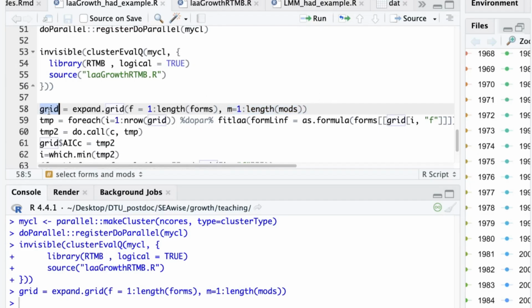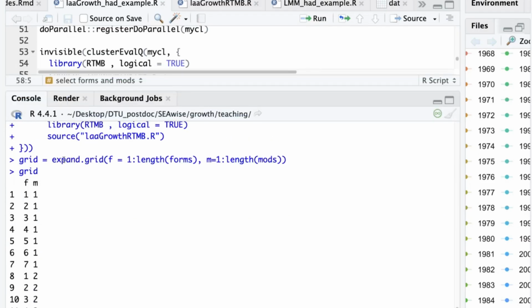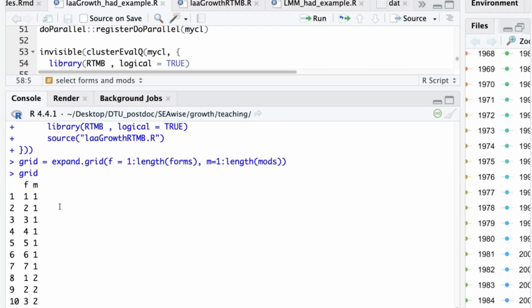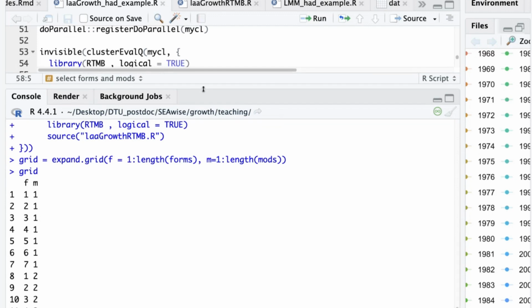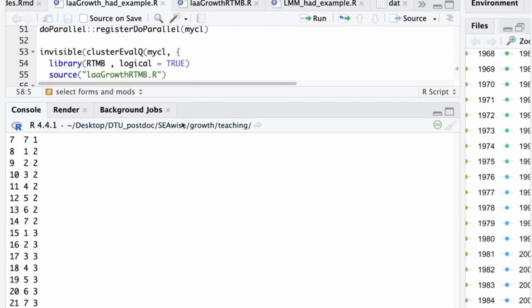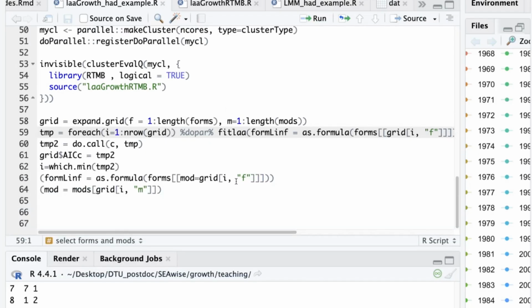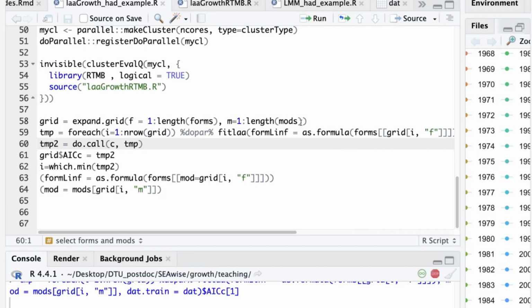The way this expand.grid function works is it gives you all combinations. So what we're doing is trying all combinations of the formula for L infinity with all 3 of those model shapes. Then I use the foreach function to fit that in parallel so that hopefully it's faster. Yeah, that was really fast.